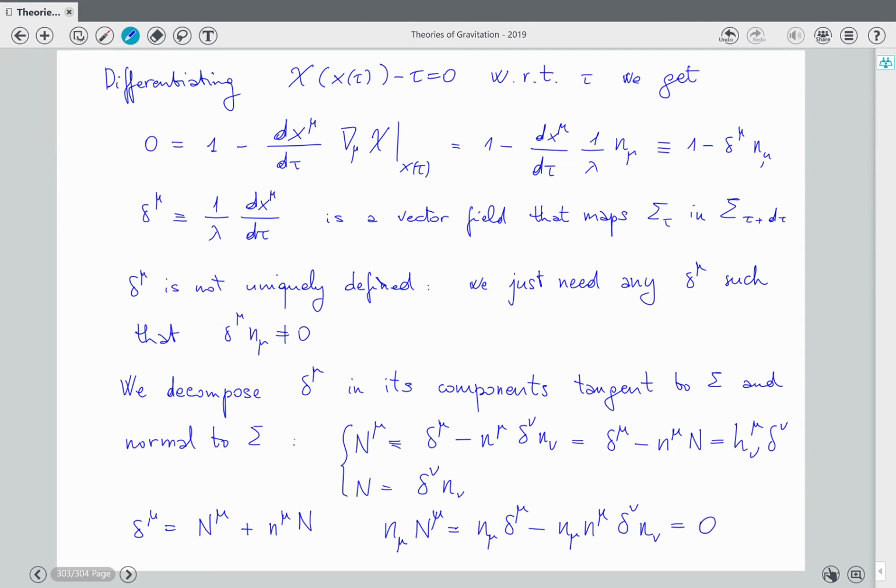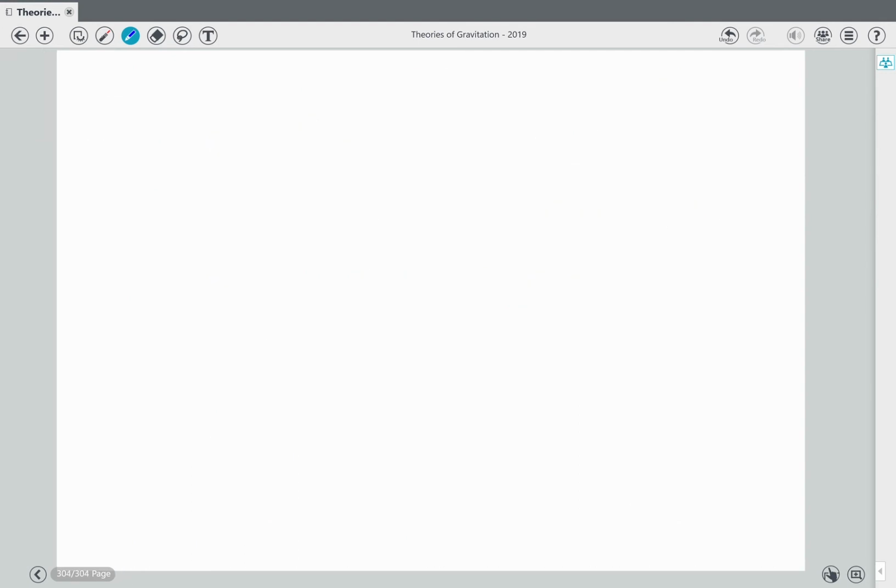Okay, more concretely, let sigma tau denote the whole space at t equal tau.